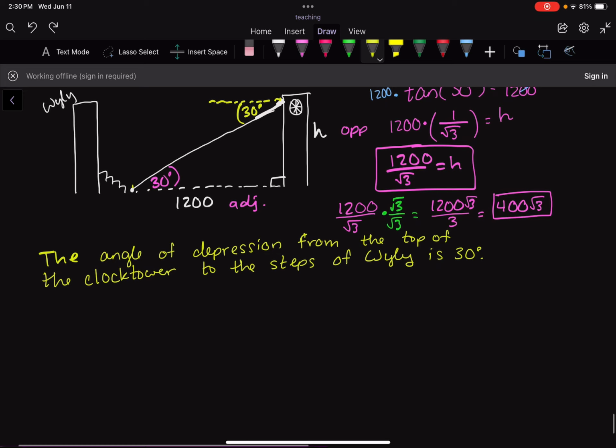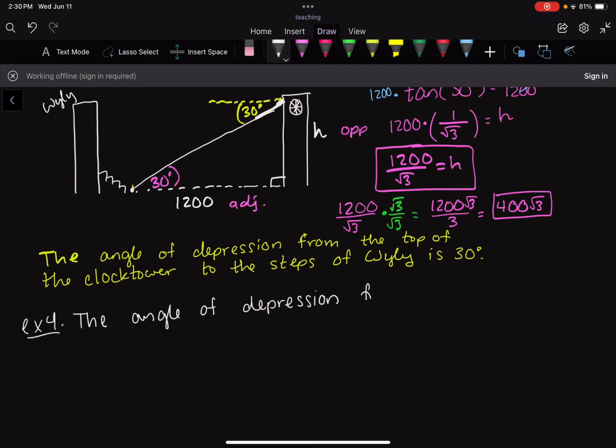All right, I'm going to go ahead and do another example. So this is example 4. This one says the angle of depression from an airplane in the sky to a runway is 45 degrees.